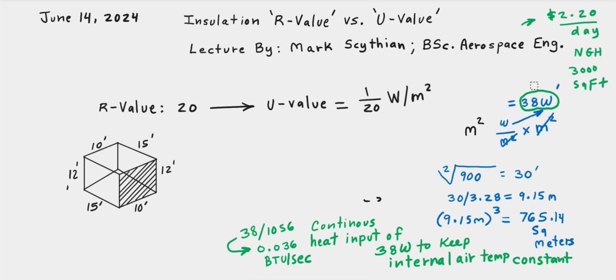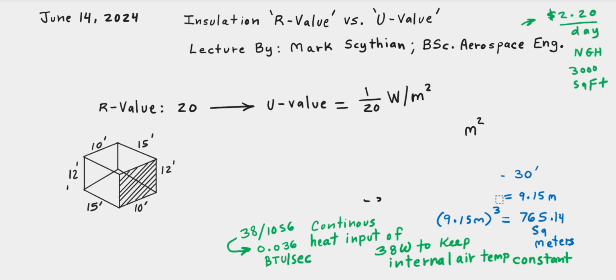So without an assumption, it is a 6-sided insulation containment. And by taking something like 150 square feet or something much smaller, we can scale it to a larger value.